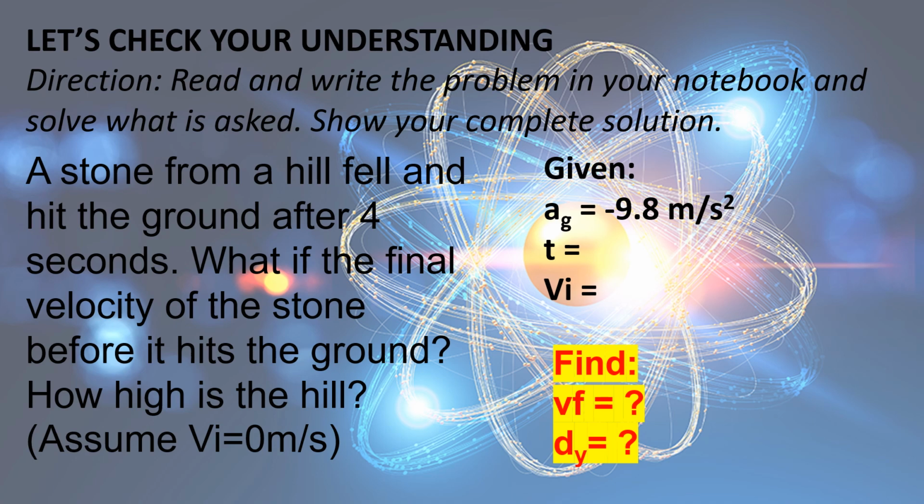And your task is to find the final velocity and the height of the hill or the distance in y-axis. So after answering this problem, take a picture of your answer, your solution, and directly message me in my messenger account.